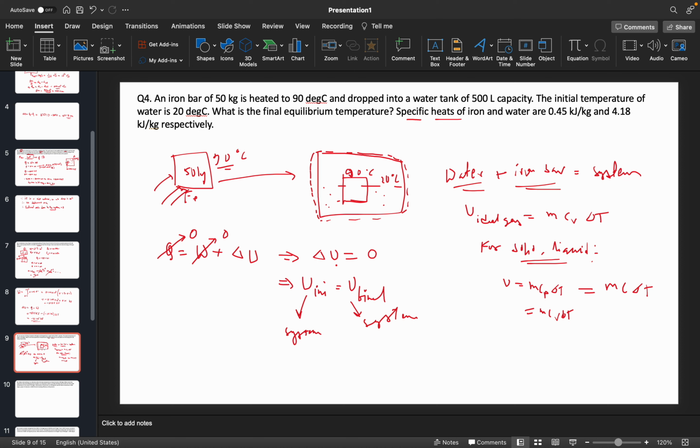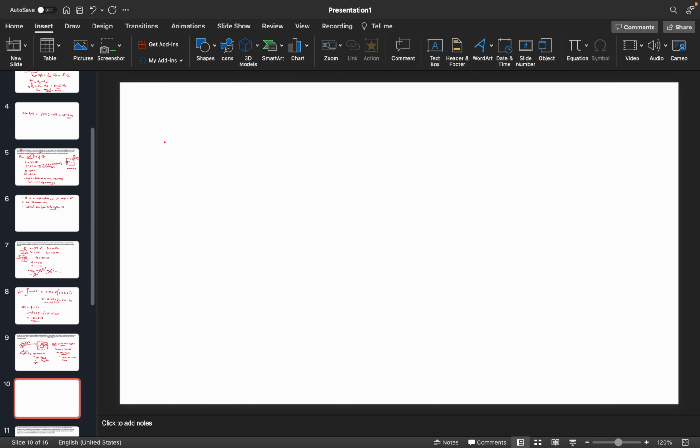Okay, so the initial internal energy of the system will be equal to the final internal energy of the system. Let me write this in a new slide. U initial of the system is equal to U final of the system.